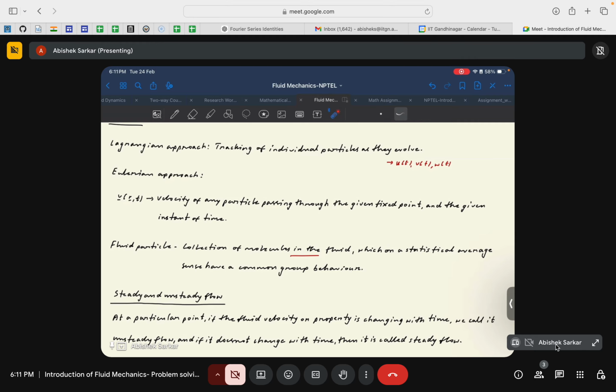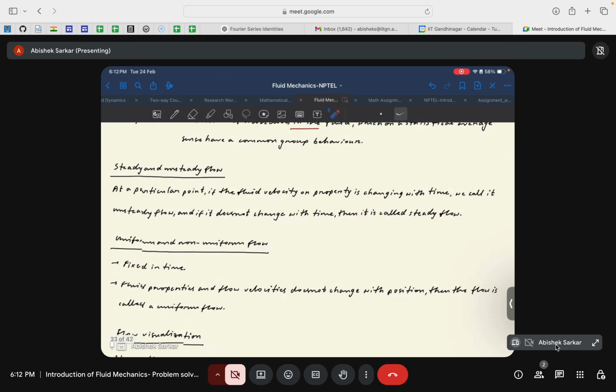From the Lagrangian approach you already know why the time perspective is important, because we want to know how the flow evolves with time. But how the variation of space parameters will affect the velocity also needs to be understood. So maybe I will discuss that as well. Okay, I take a good example, maybe that would be quite helpful. Okay, so with that let us proceed further.